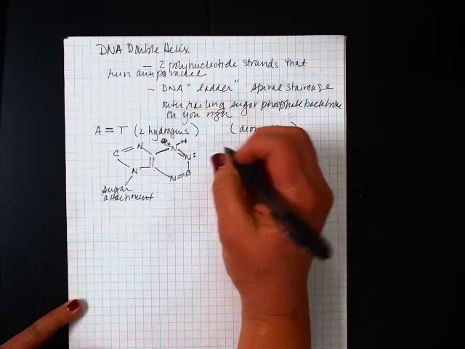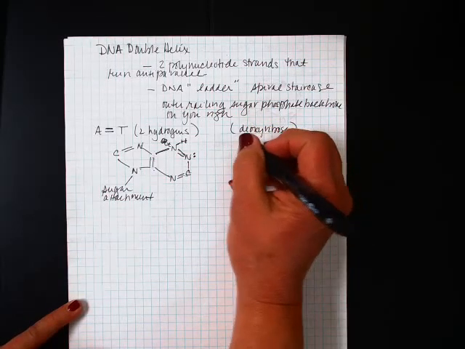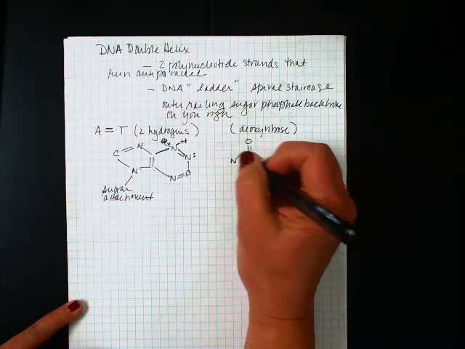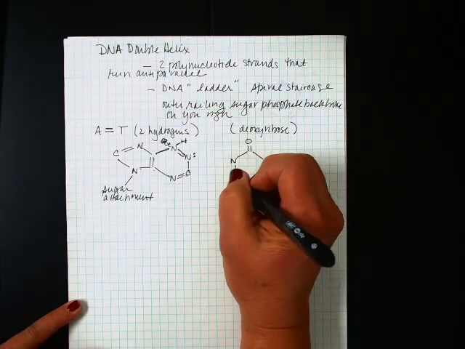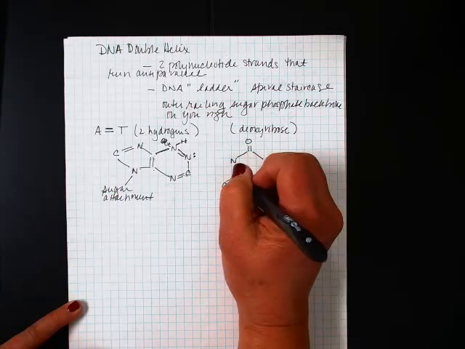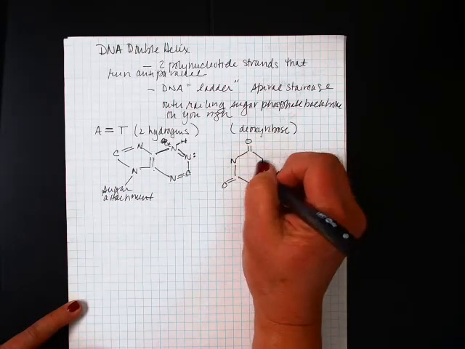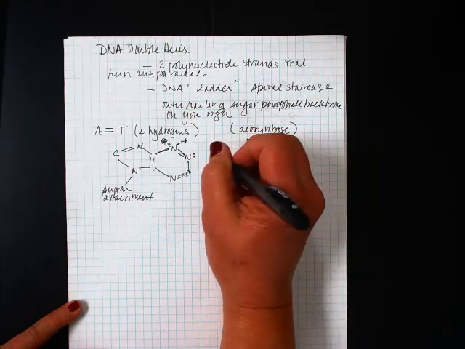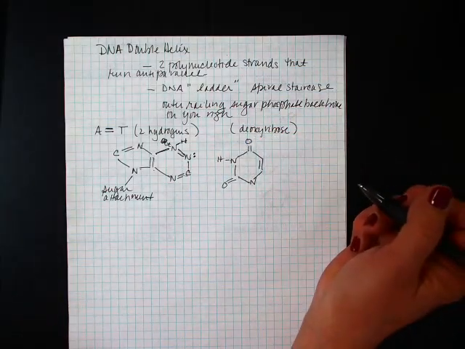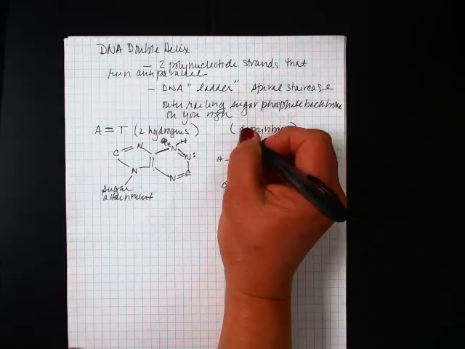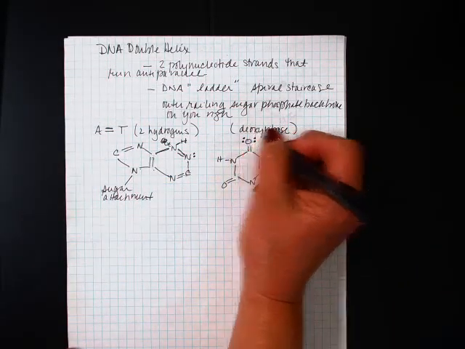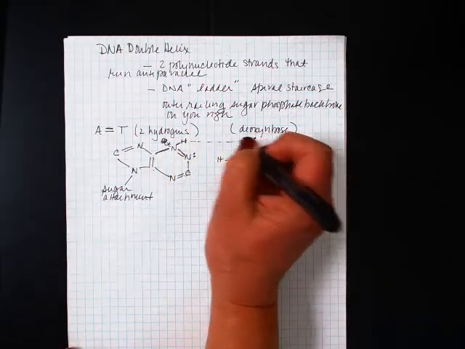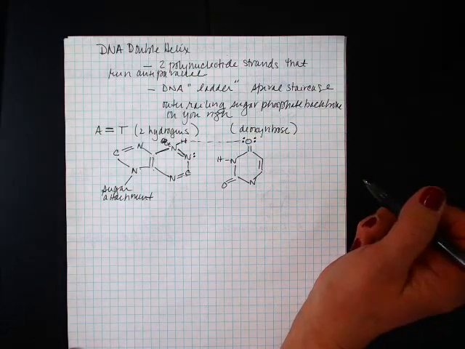We also have that nitrogen, a double bond there, and this nitrogen has a hydrogen attached to it. Keep in mind that this oxygen has 2 lone pairs of electrons, and this hydrogen then can form a hydrogen bond with that oxygen, and this hydrogen will be attracted to the lone pair of electrons on that nitrogen atom.